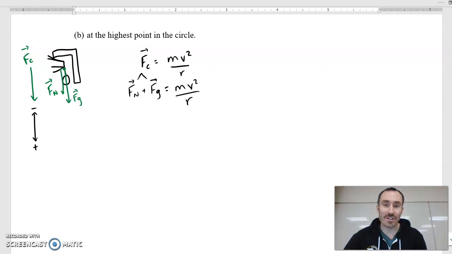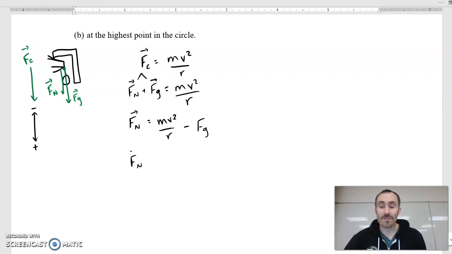That's the combination of the normal force and the force of gravity. And so now I'm trying to solve for the normal force again. So in this case, the normal force is equal to mv squared over r minus the force of gravity. That's really the only thing that has changed in this whole thing.